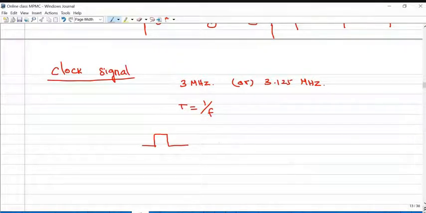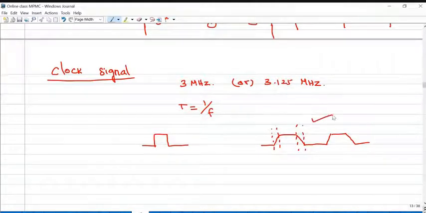It's very difficult, but in real time we will get some rise time and then logic high, and then we get some falling time, like this. This time represents rise time, and this time represents falling time. So please remember, we are going to use this kind of clock signal for explaining the instruction cycle of the microprocessor.